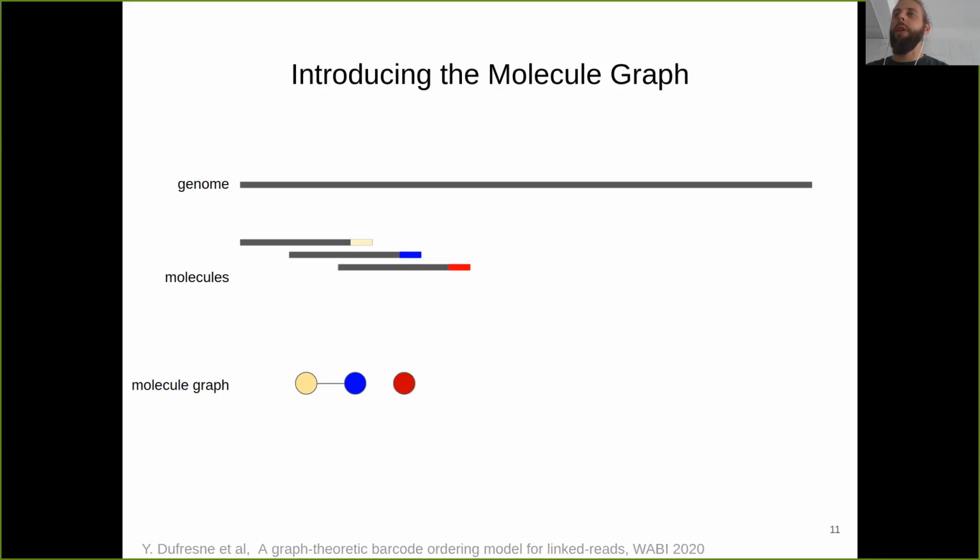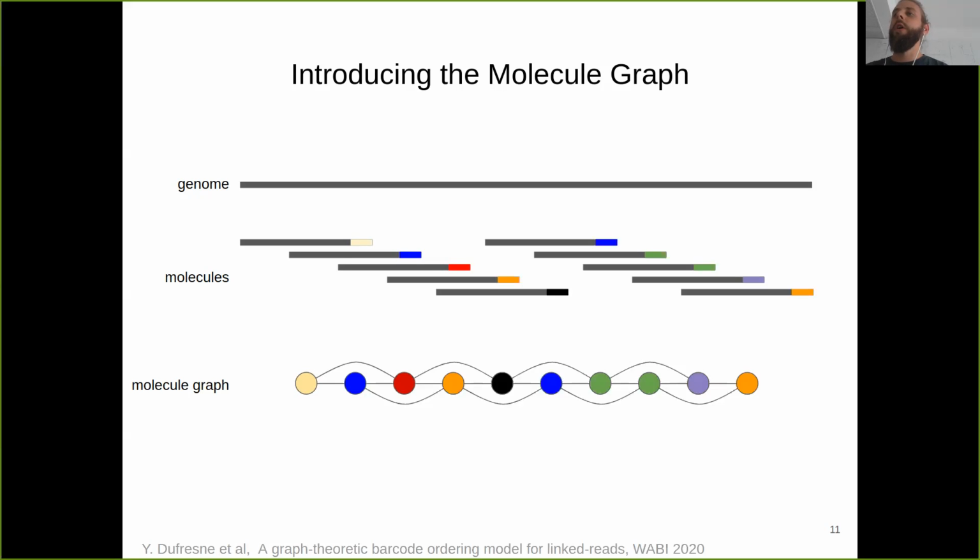So if I add a third molecule tagged in red, it overlaps the white and the blue, so we add two edges, and we can continue for the whole genome. This structure is linear, and in fact it is an interval graph, because molecules are segments all along the genome.